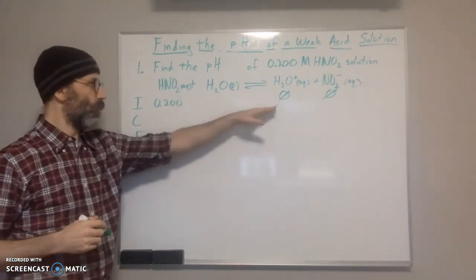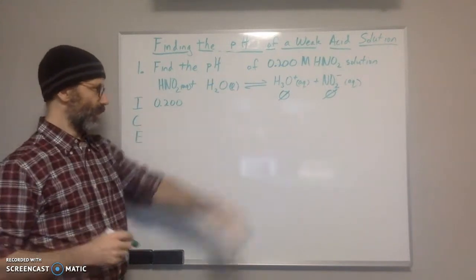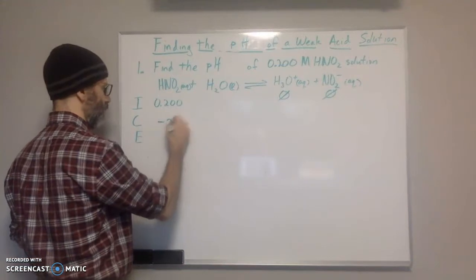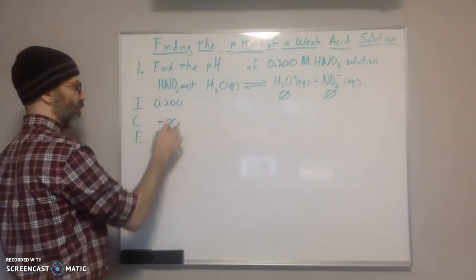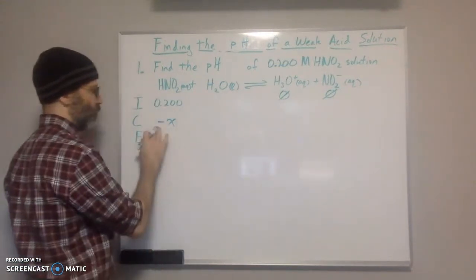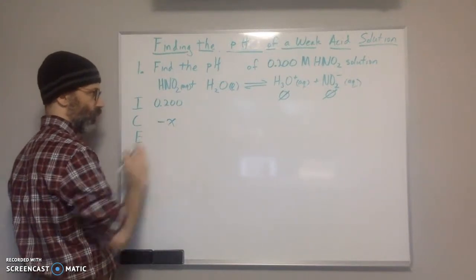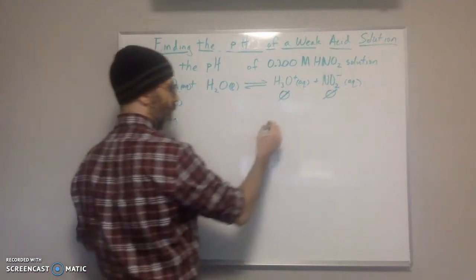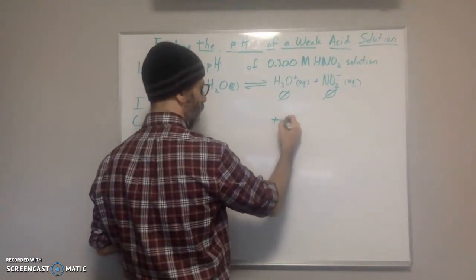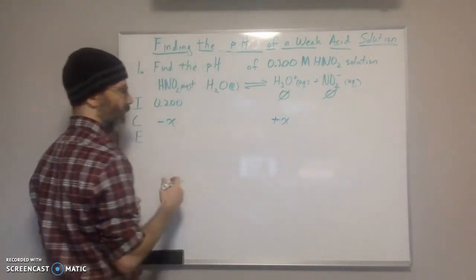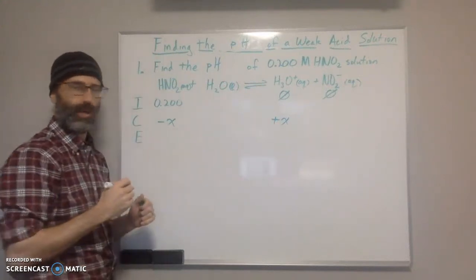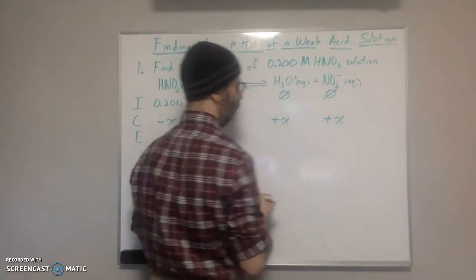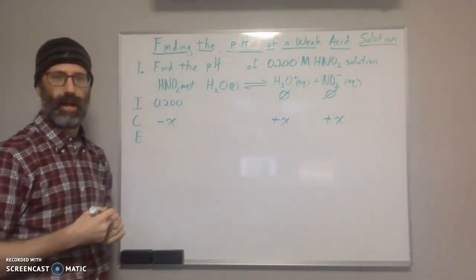Since we have 0 product, it's obviously going to go in that direction, so we're going to lose reactant: negative x, because the coefficients are all 1. We lose a certain amount of our acid, and we gain the same amount of our hydronium ion, and that same amount of our nitrite ion.